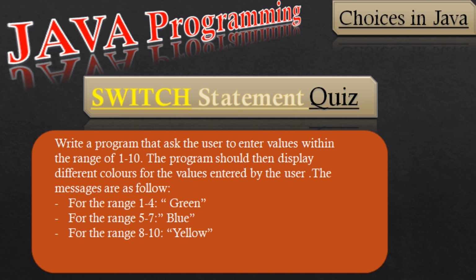If the user enters a value between 1 and 4, the message green as a color should be displayed. If it is in the range between 5 and 7, it should be blue, and between 8 and 10, it should be yellow. I will let you do this quiz by yourself, and I will show you the output of my program in the next video.